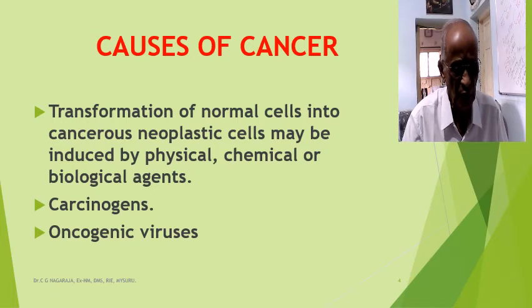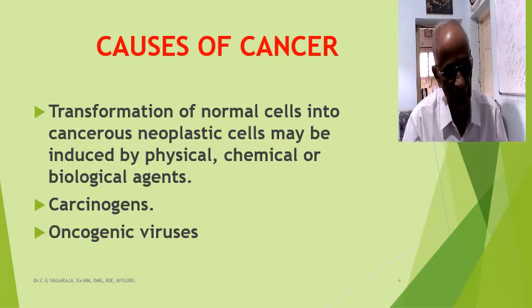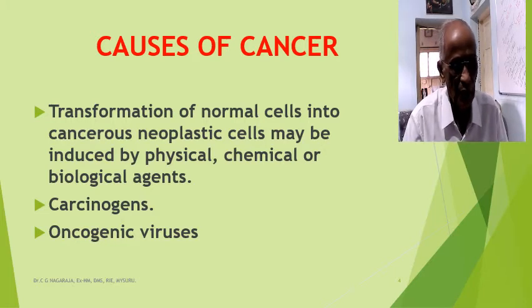Now, carcinogens are agents, which may be internal or external, that will cause the cells to become abnormal cells, or what we call cancerous cells. Cancerous cells means cells which cannot be controlled by any cellular mechanism.